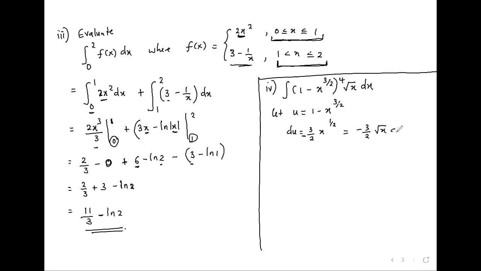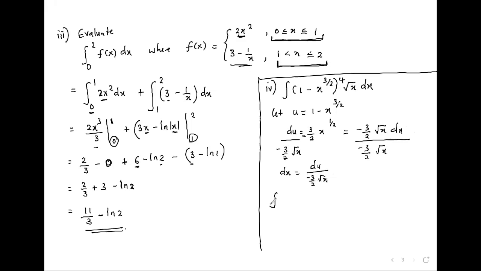Du. Then you solve for dx. So you divide by minus 3 over 2 root x. So dx is equal to du over minus 3 over 2 root x. Then you go back and substitute.